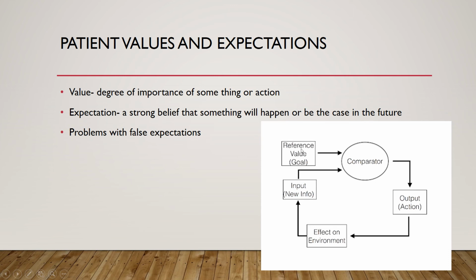But look up here, this reference value or goal: if we have a particular goal that we want to meet or something that we want to do or look like, then that will alter what we compare ourselves to. And this is a big problem that I dealt with all the time when I was a personal trainer. It's effectively what I'm going to call the problem of false expectations or false comparators.